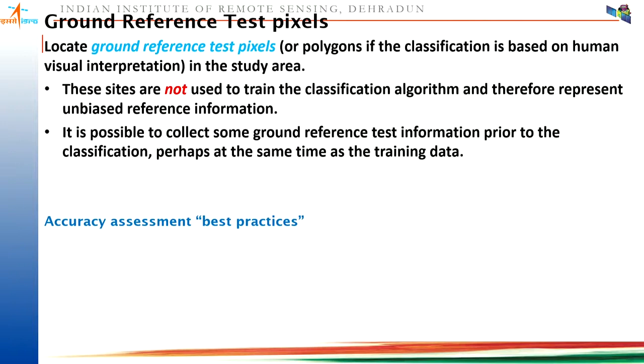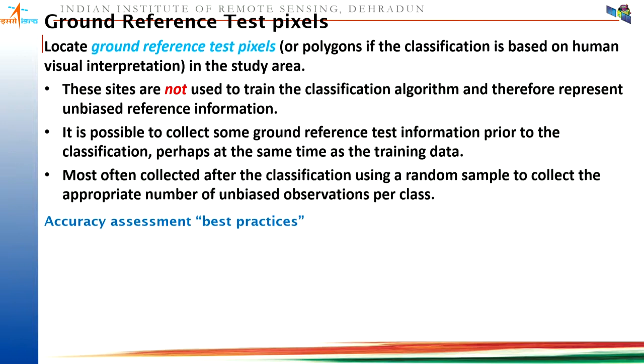It is possible to collect some ground reference test information prior to classification, perhaps at the time of training data. So, when you are going to the field to collect the training information, you can collect some reference pixels also at that time. Otherwise, later on also you can do it.